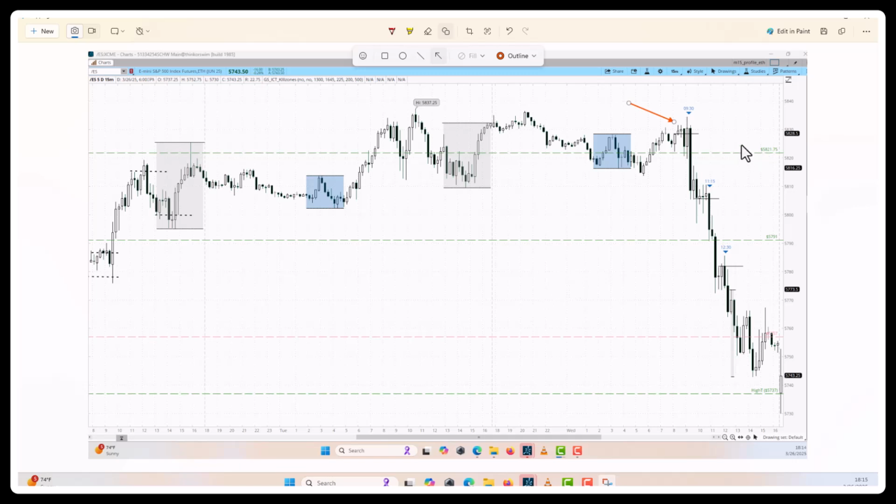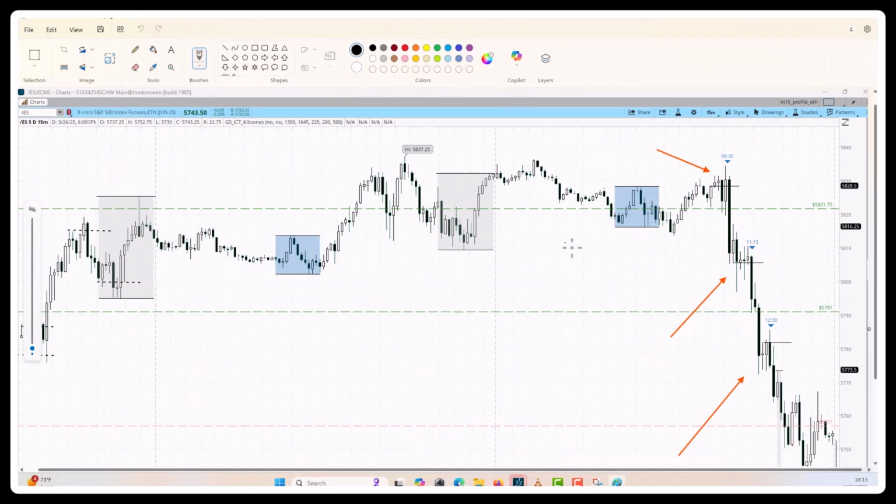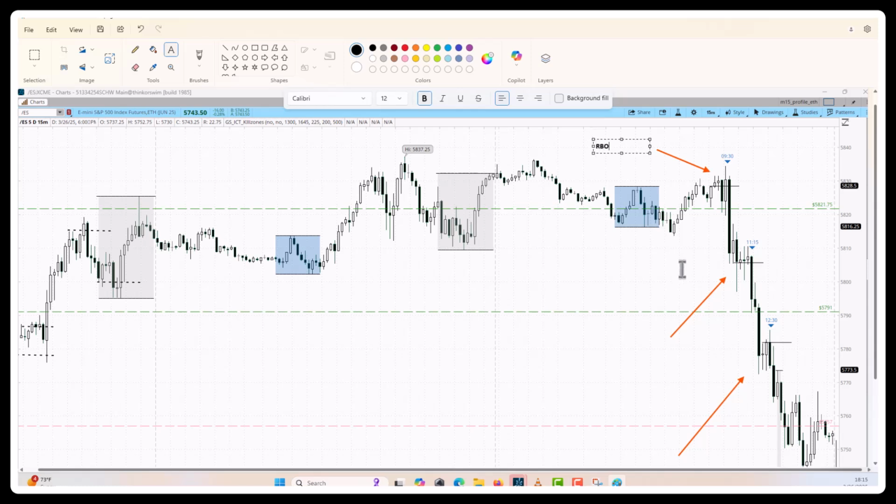And then one way here, and then you have another one right here. So let's see. Right here, either way, you can call it a real breakout, right? Because it's a real breakout.